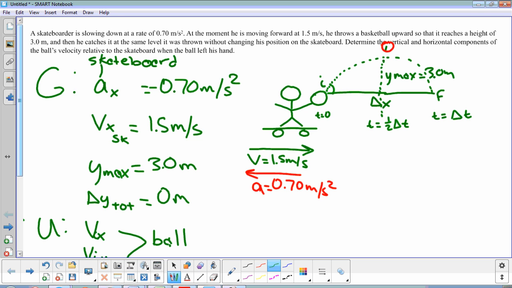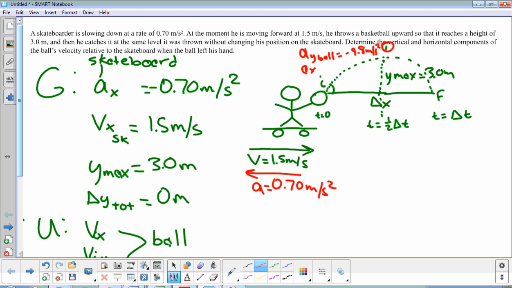How about the ball itself? What can I say about its acceleration once it's thrown? Can I think of an acceleration for this ball? A for the ball, so AY for the ball, actually, is equal to negative 9.8 meters per second squared.